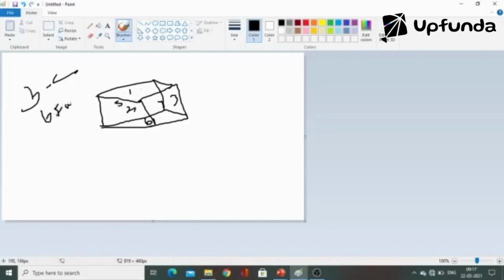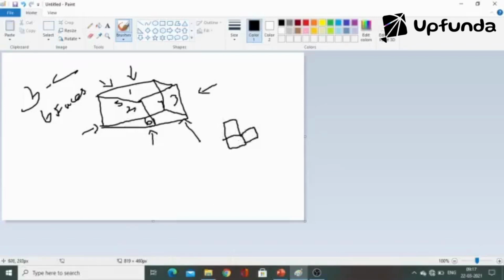Can you understand? 1 on the top, 2 from the left side, 3 from the right side and 4 from this side. On this back side we have the 5th face, from here we have the 6th face. So he glued 3 cubes like this.